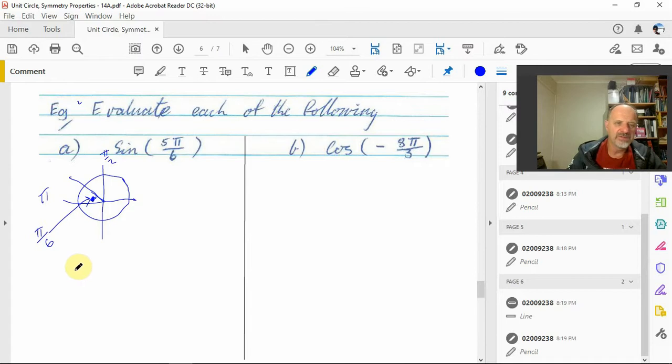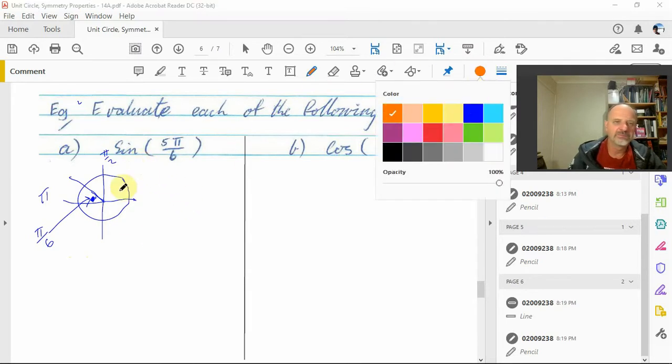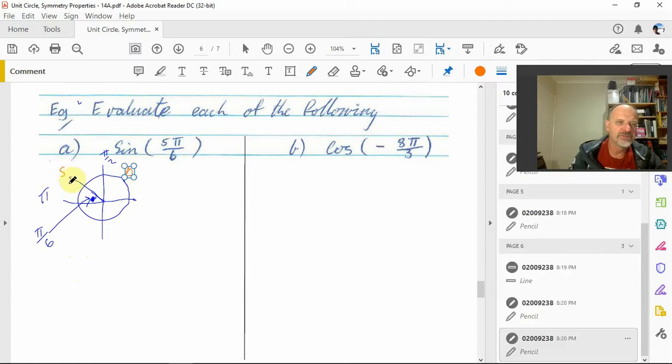Then I go, okay, all students talk crud. I'm in the second quadrant here, and sine in the second quadrant is positive. Remember, ASTC: what's positive in those quadrants?